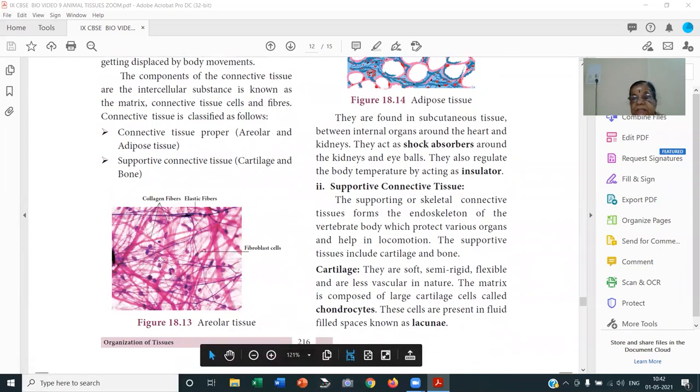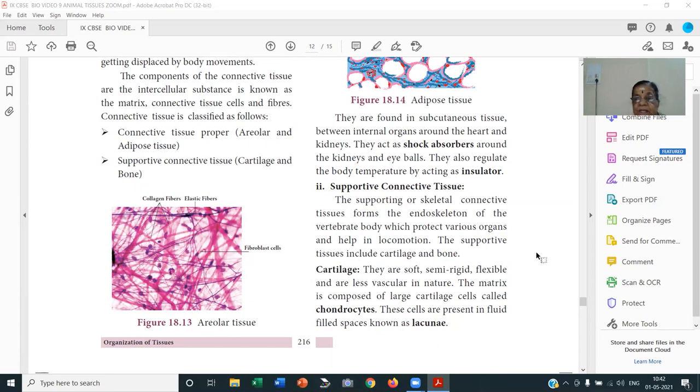Cartilage is soft, semi-rigid, flexible, and less vascular in nature.